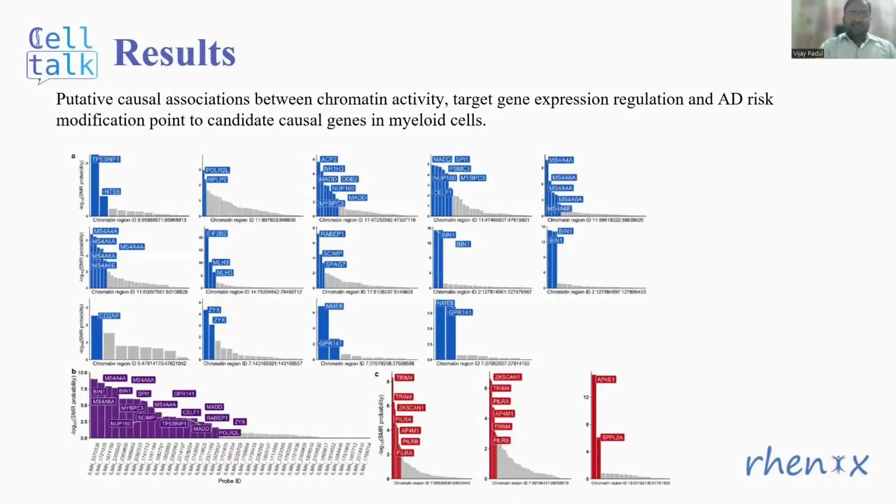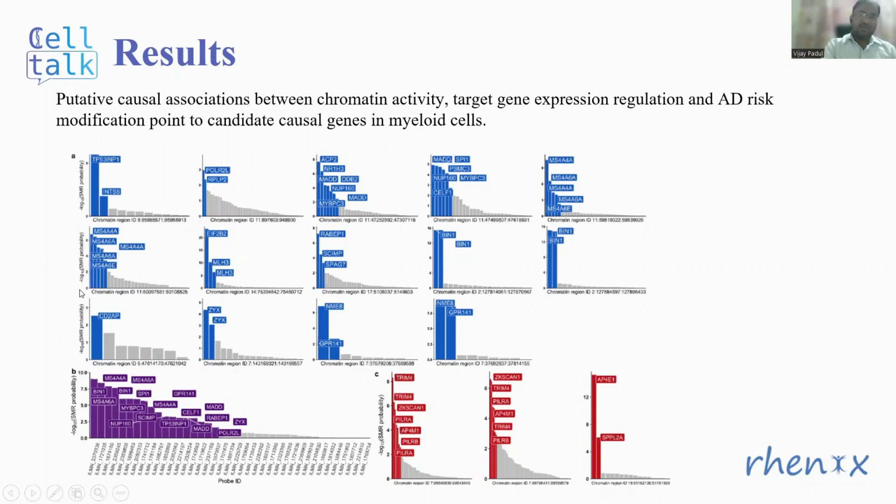Now in the next result, they identify putative causal association between chromatin activity, target gene expression regulation, and Alzheimer's disease risk modification, pointing to candidate causal genes in the myeloid cells. Here, the genes depicted in blue, purple, and red are statistically significant genes that have been identified.